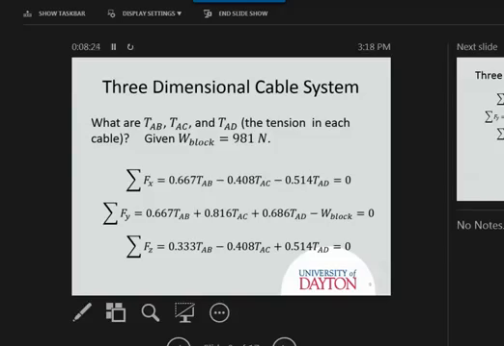B is also a column vector, so it's going to be up and down. So what's going to be over here? 0. What's going to be in our second row? W block. 100. Or 100, whatever we decided it is. And then what's going to be in row number 3? Another 0.